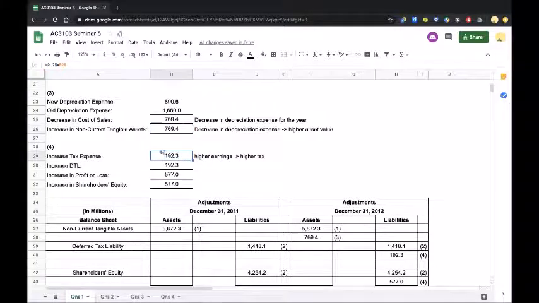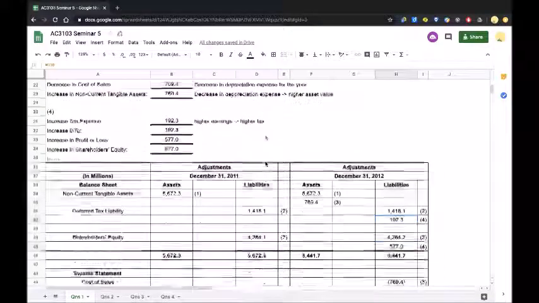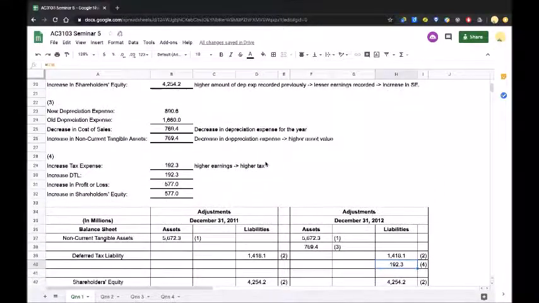And this increase in tax expense is reflected in the income statement of 2012, and it's also reflected under deferred tax liability in 2012, because this tells us that we have a higher tax expense to pay.